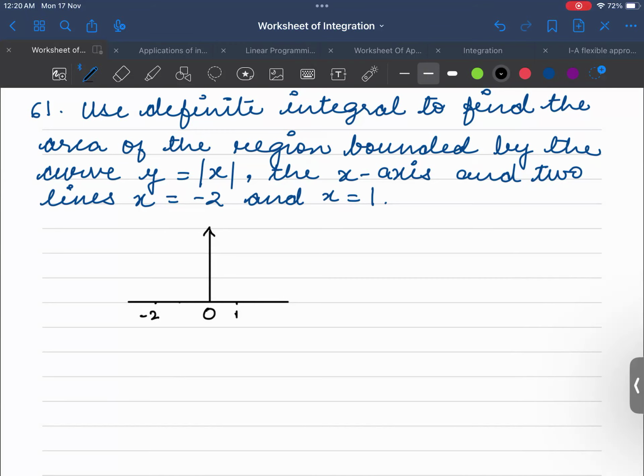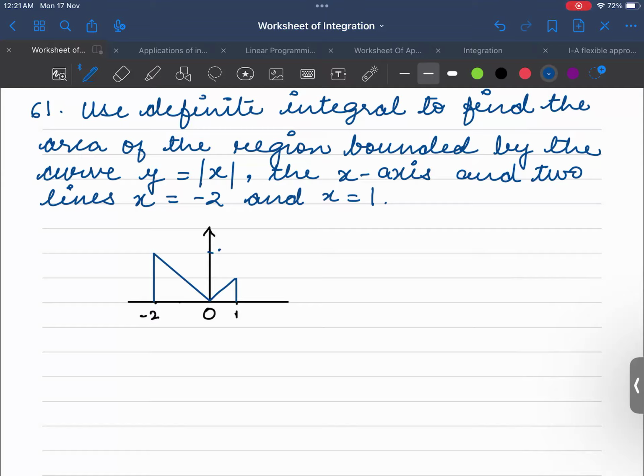Modulus means y would always be positive. Let's take it as 1. The graph would be like this.